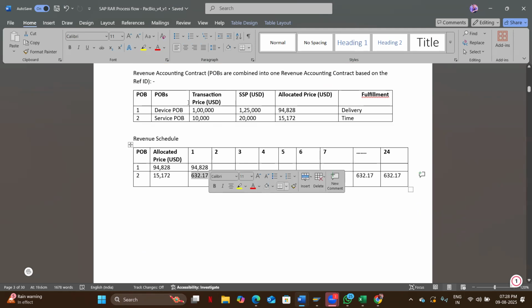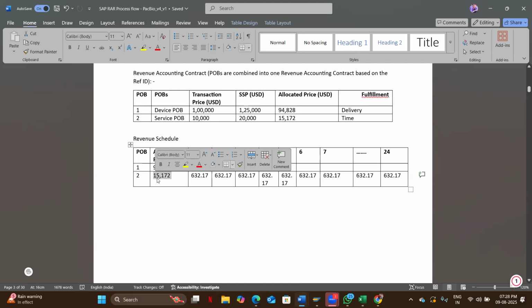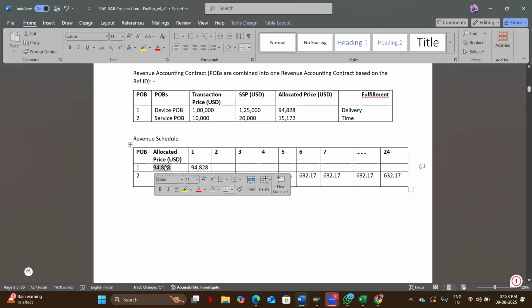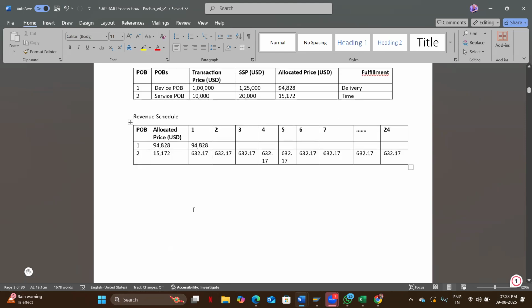So how much amount came to us: 10,000 for service came to us. The remaining amount, but the allocation needs to be recognized, 15,172. The remaining amount whatever came here, the deferred revenue amount, that needs to be calculated and the service, okay, that is adjusted. Got it, both adjusted.